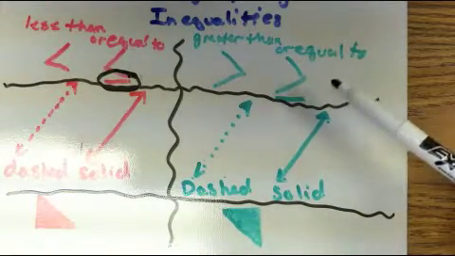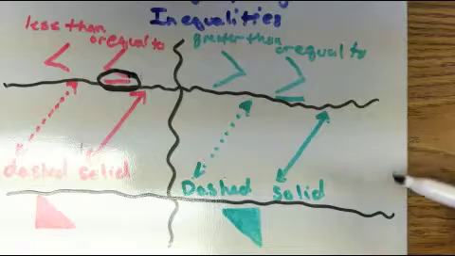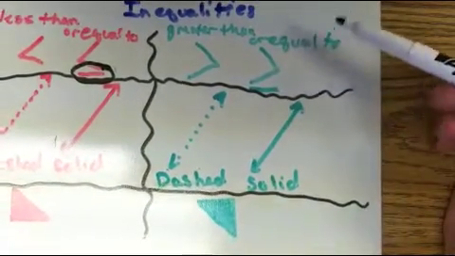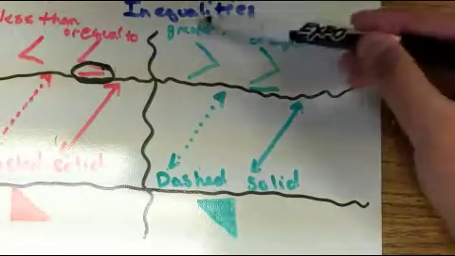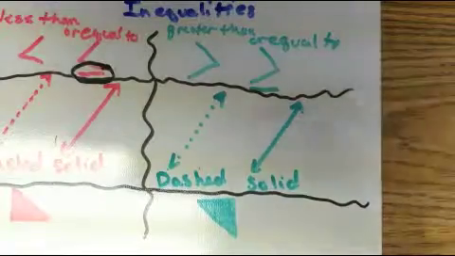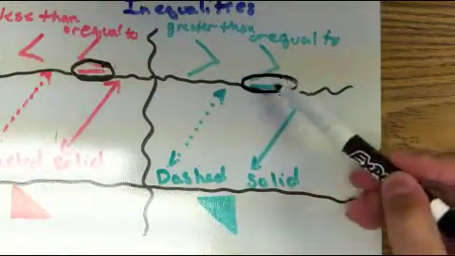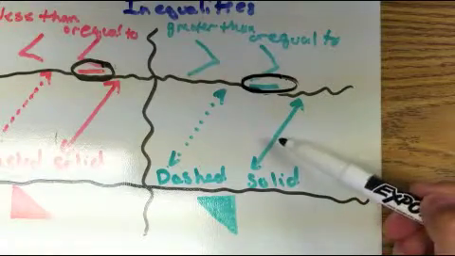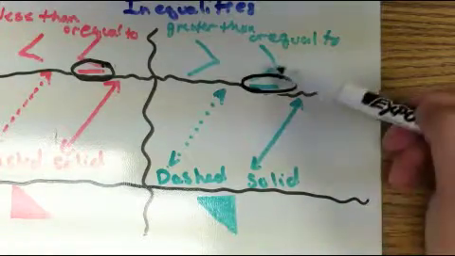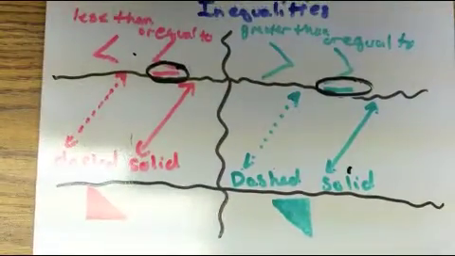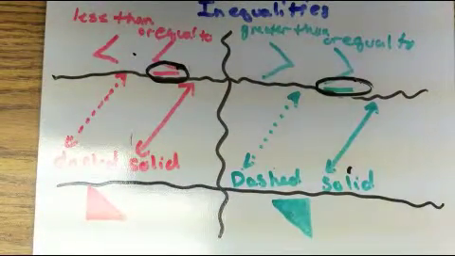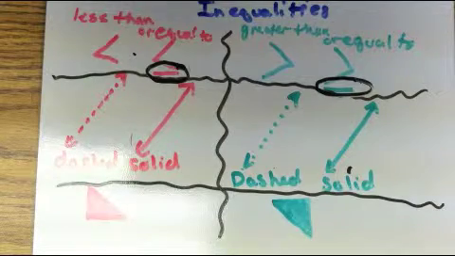It doesn't really matter there. Finally, finishing this up would be greater than or equal to. Once again, I said equal to. You have that extra line, so a solid line underneath, you do a solid line on your graph. Solid, solid, those would be dashed. So that's what you learned yesterday. We are going to continue to do that.